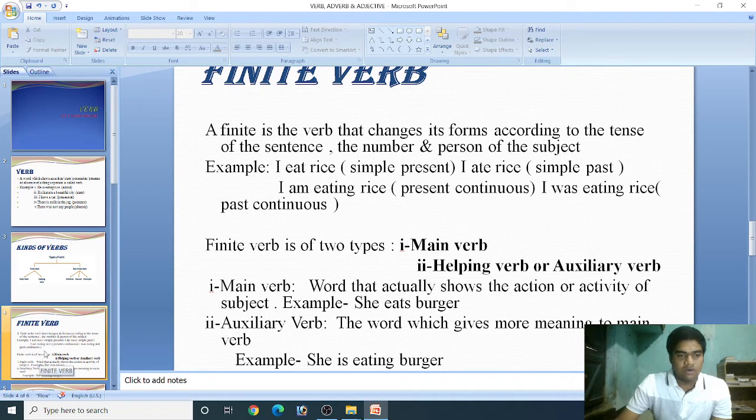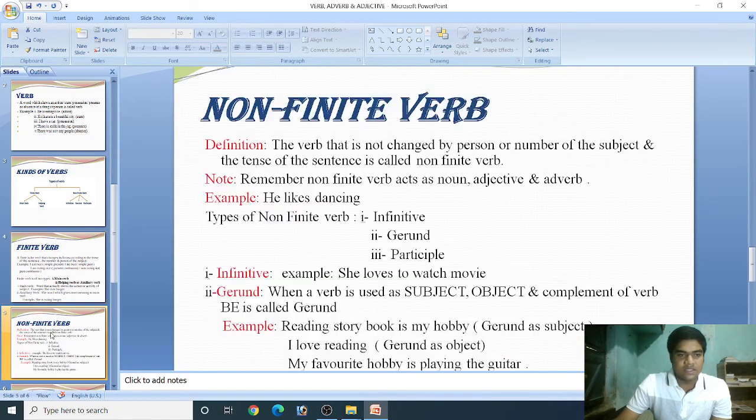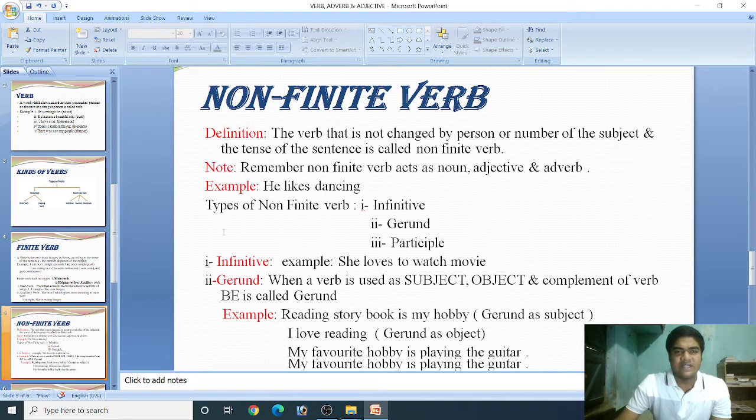Now let us move on and discuss non-finite verb. A non-finite verb is exactly opposite to a finite verb.